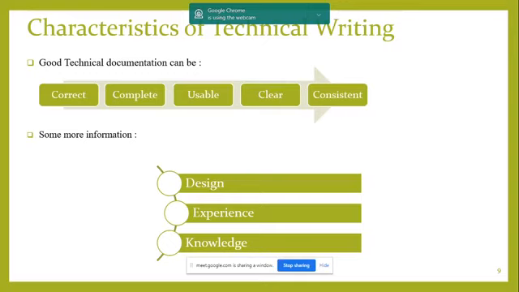When you are framing your paper, go with the proper structure. And the experiences, you can share in some places. You can share your experiences also, and whatever knowledge you have, you will be sharing with other persons. So knowledge. All these things can help frame the technical documentation in a good and better way.